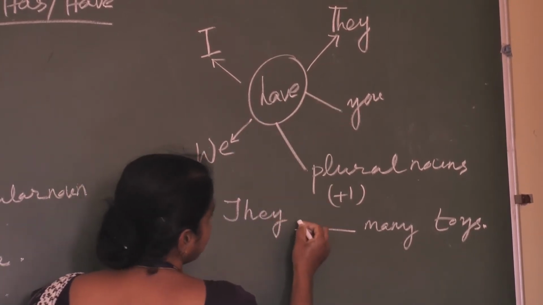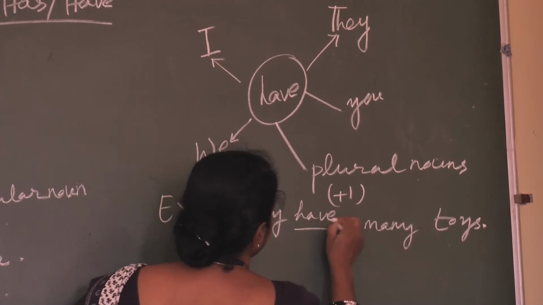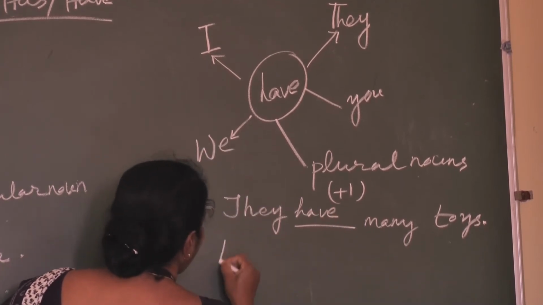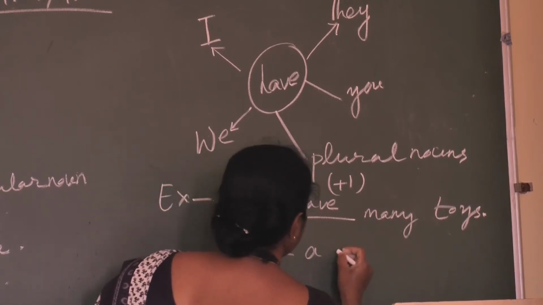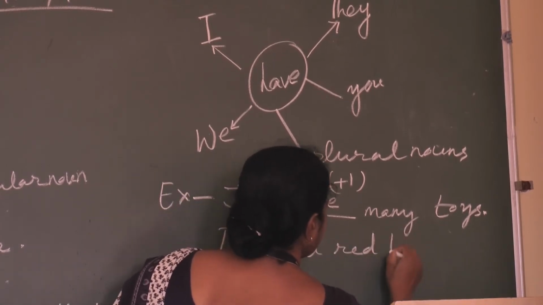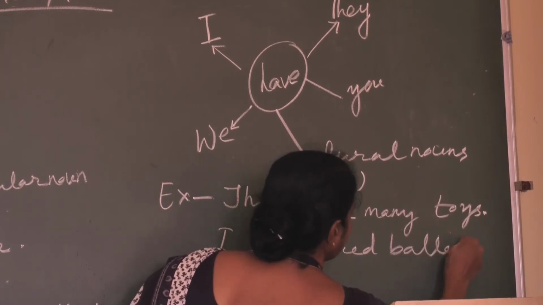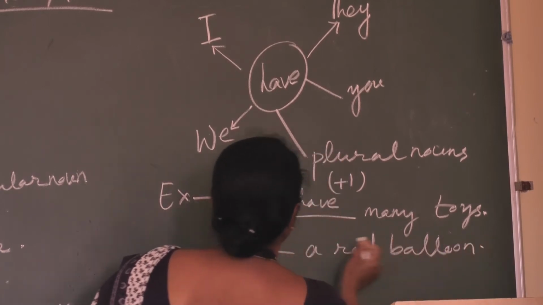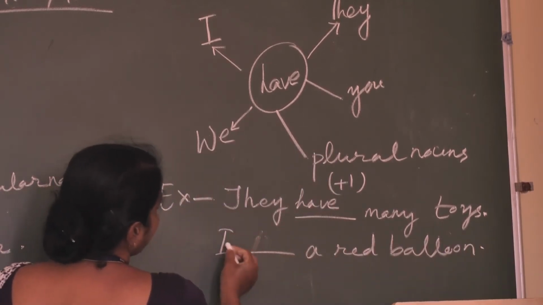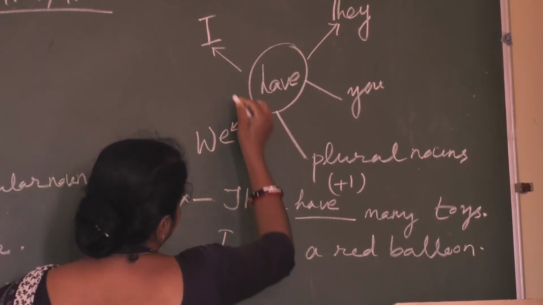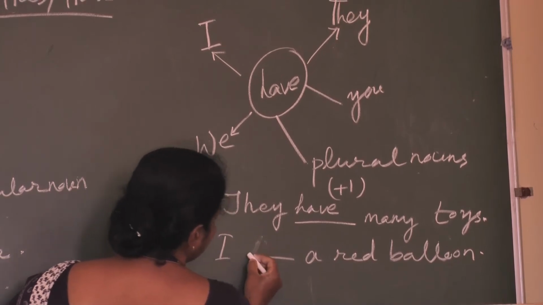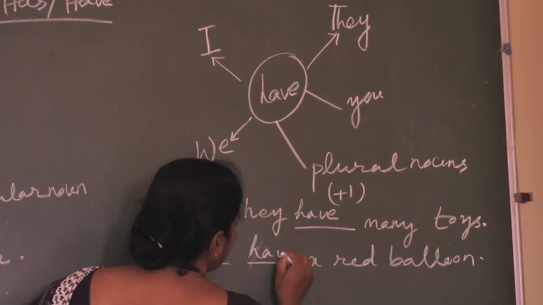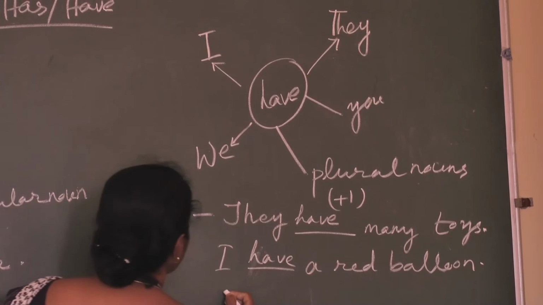So, we have to write here have. I dash a red balloon. Now, read children. See, for I we use have. So, you have to write here I have a red balloon.